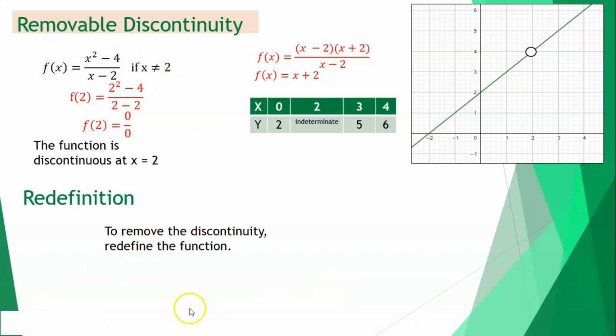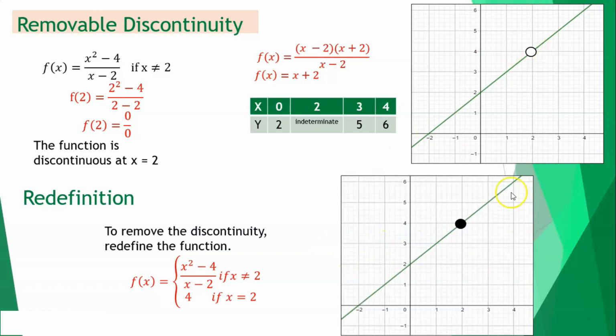Now take note, with the given original function, x squared minus 4 over x minus 2, if our x is not equal to 2, by the time that x is already 2, we need to replace y as 4 so that it will become a continuous graph. So with this, when we sketch this, instead of an open circle here, this will be closed because again, we redefined it.